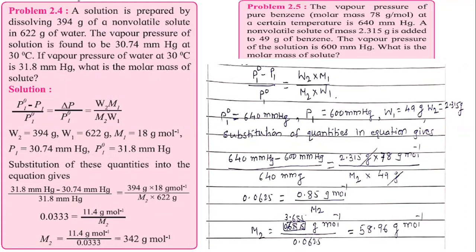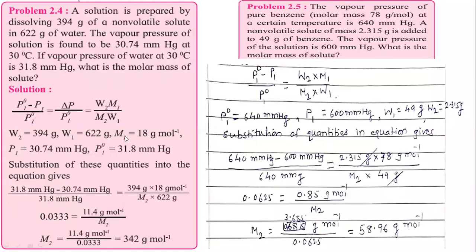Clearly see here, W2 is 394 grams, the mass of the non-volatile solute. W1 is 622, the mass of the water, meaning the mass of the solvent.